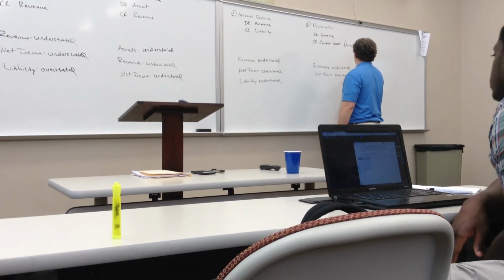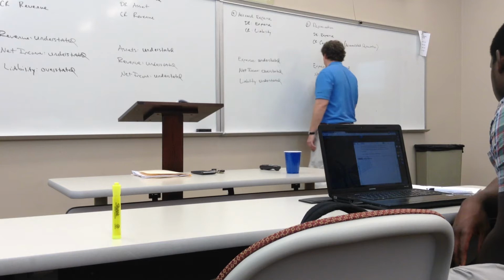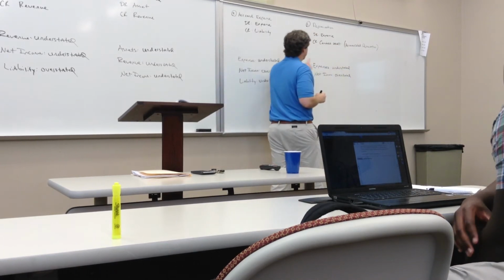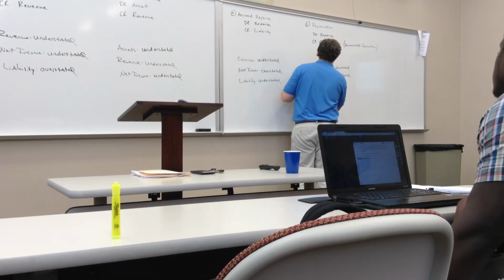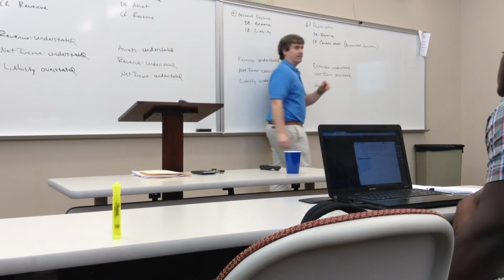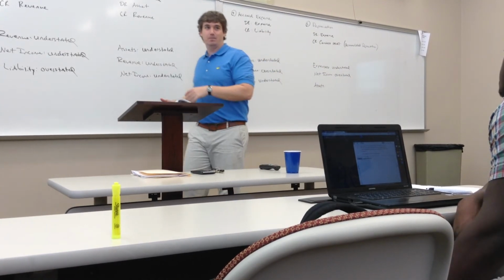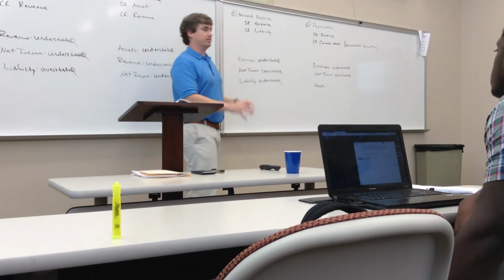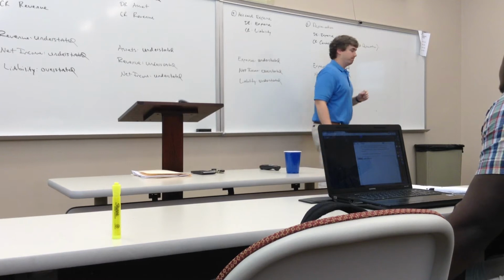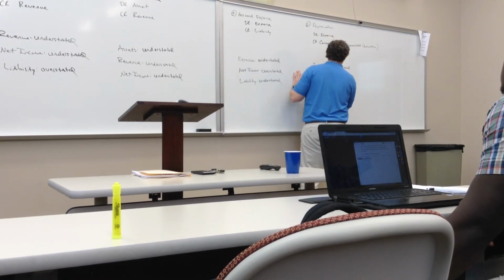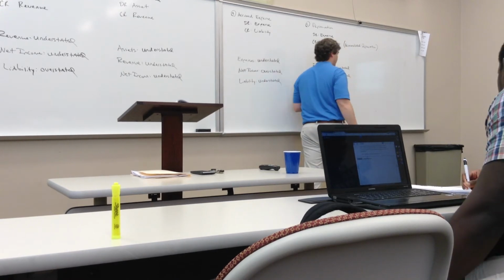There you go. And here's the tricky one. This flows through to what? This flows through to the asset section. Yes, it's a contra asset, but it still flows through to the asset section. If I don't do this, what are my assets going to be? Overstated. Okay?